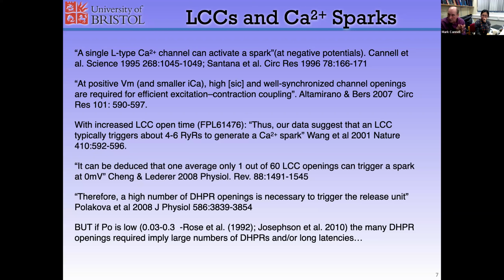That could be a problem because we already knew from our very earliest work using high-speed calcium recordings that EC coupling took place inside a few milliseconds. So how do you get something happening in a few milliseconds if you require hundreds of openings, or lots and lots of L-type calcium channels?